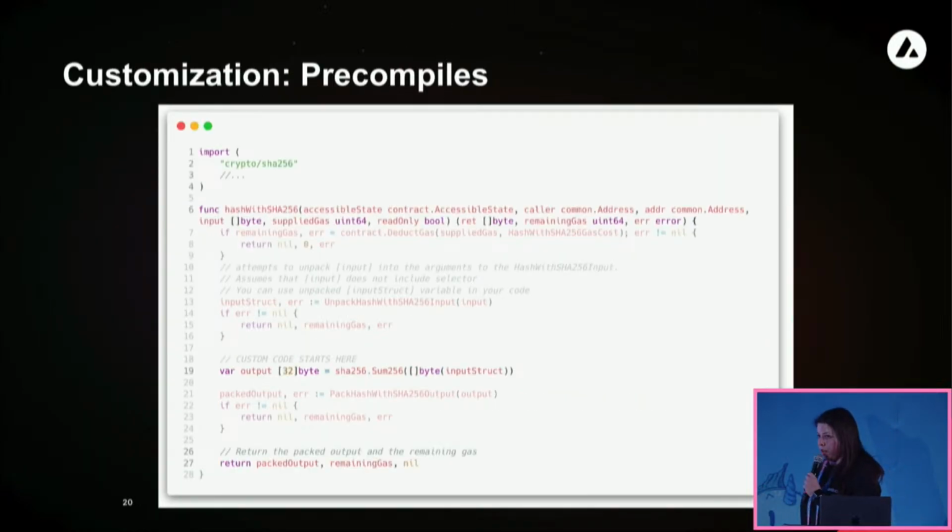So how you create one, and this is Go code, I don't know if you can see it really clearly, but in the Go code you actually import crypto SHA-256 in the project, which is a Go library, and you can start implementing over here. It is the implementation. So that is how you start doing precompiles, just computation.